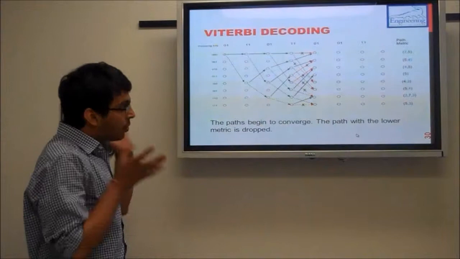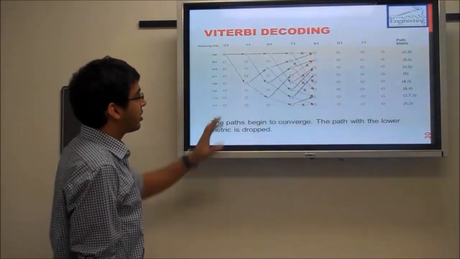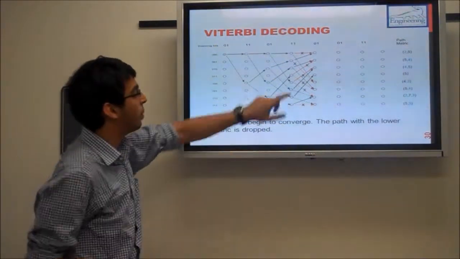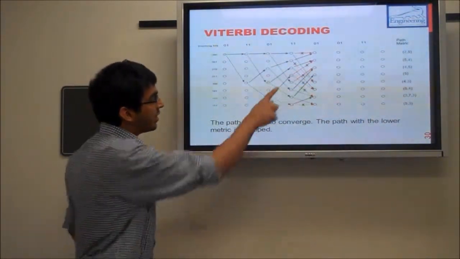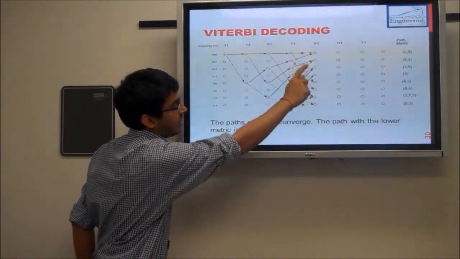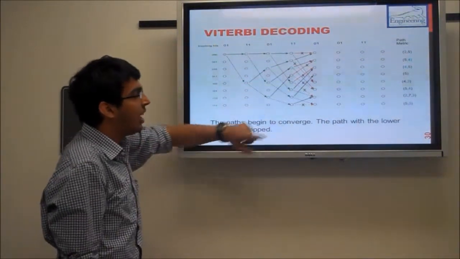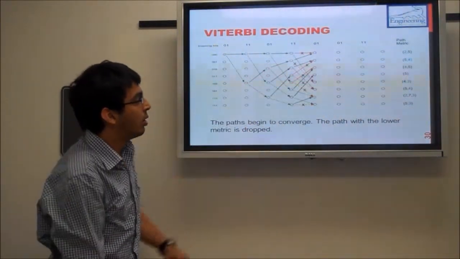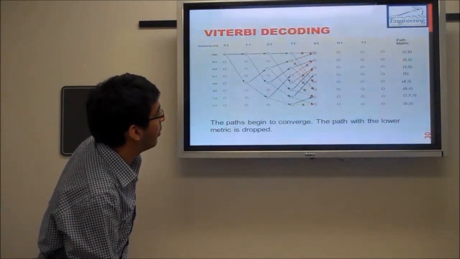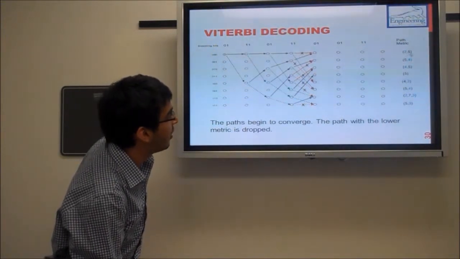So if you go on traversing through the Viterbi decoding trellis, we see that there would be some paths which actually converge to a particular point. Here, as you see, these red paths are converging with these paths which have been represented by a solid black arrow here. So again, we keep on computing the path metric. We see that the path metric for both these paths which are coming to this node is 2 and 5 respectively.